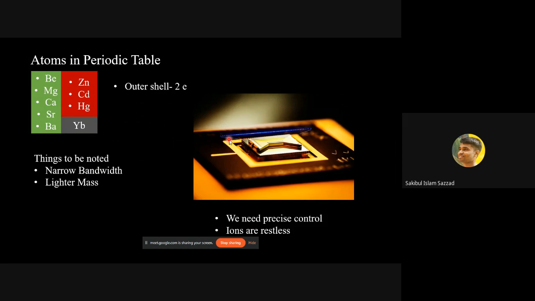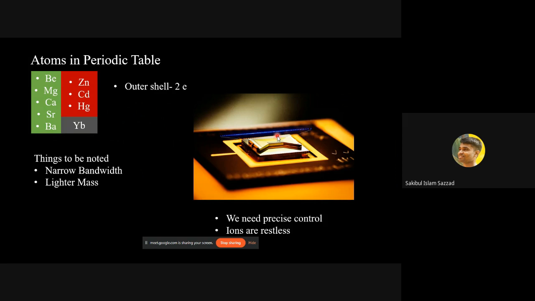When two charged particles are placed side by side, there should be a repulsion. It's a very interesting thing. Typically they should repel each other and get thrown away from the chip. But this doesn't happen.